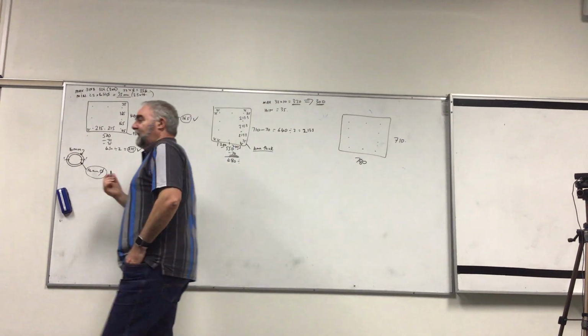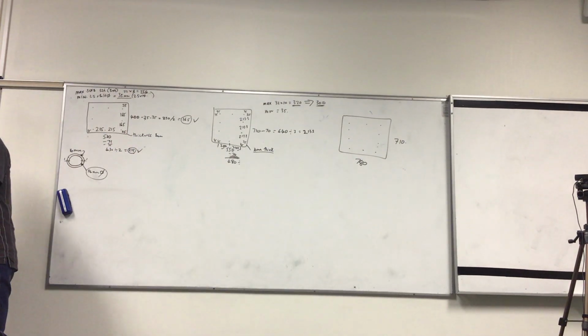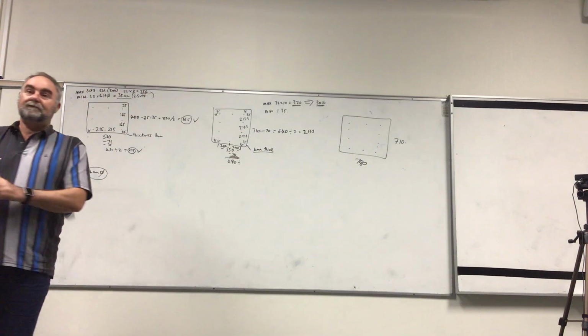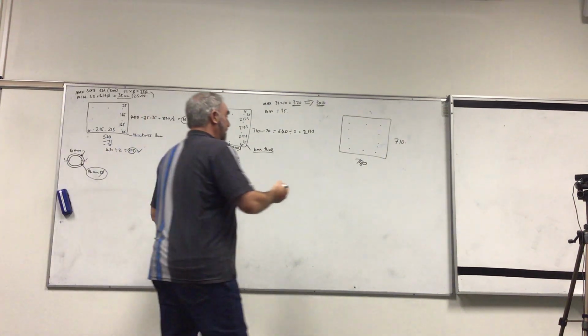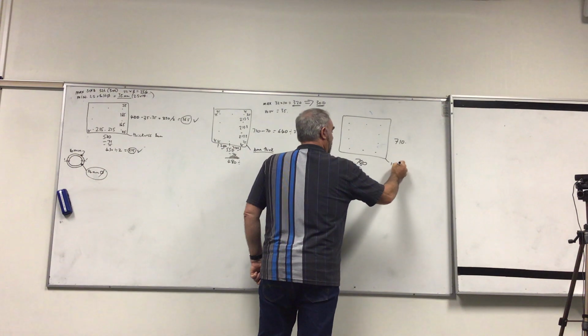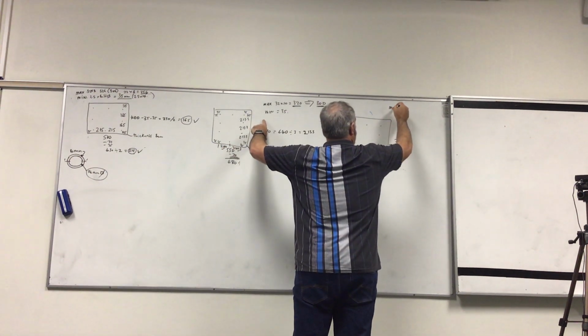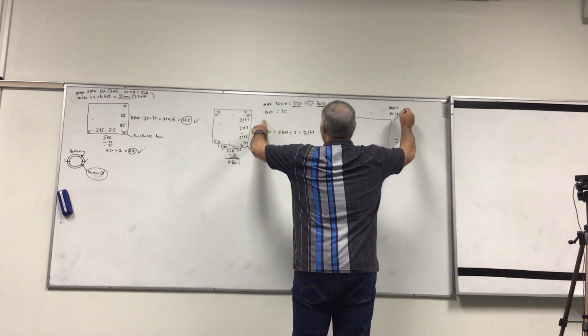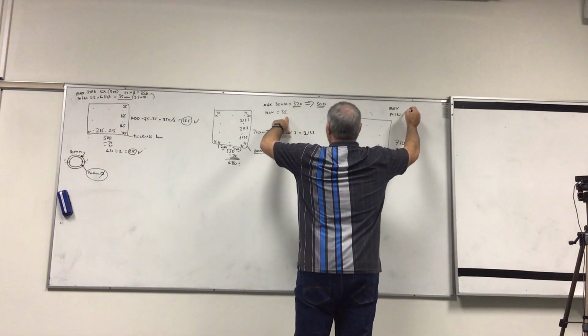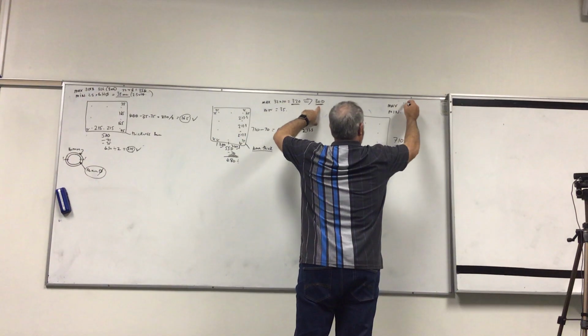The plate size thickness is the same, it's 10 mils. So we can basically work out our maximum and our minimum from over here. So it's 35 and it's 300.